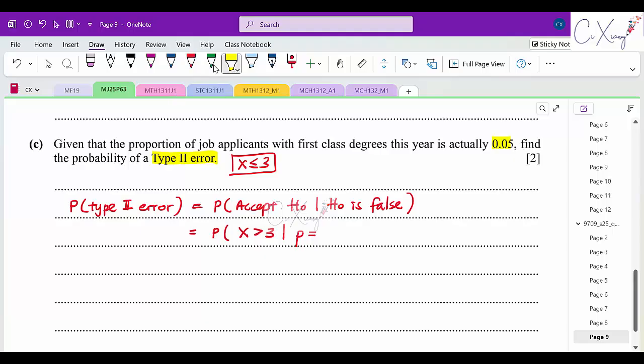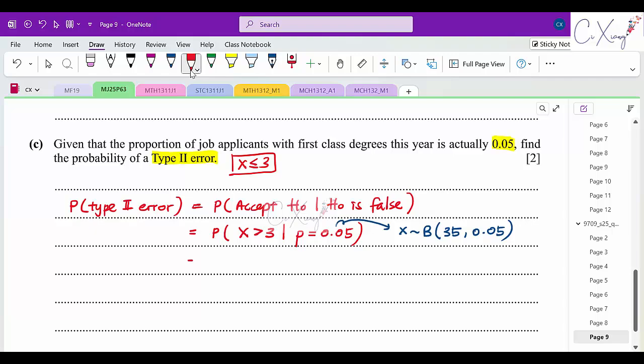So what is the value that you should use? You have to use the probability given here, which is 0.05. In short, it also means that your binomial distribution now has a little bit of changes. We are still having 35 job applicants, and the probability now is actually 0.05.